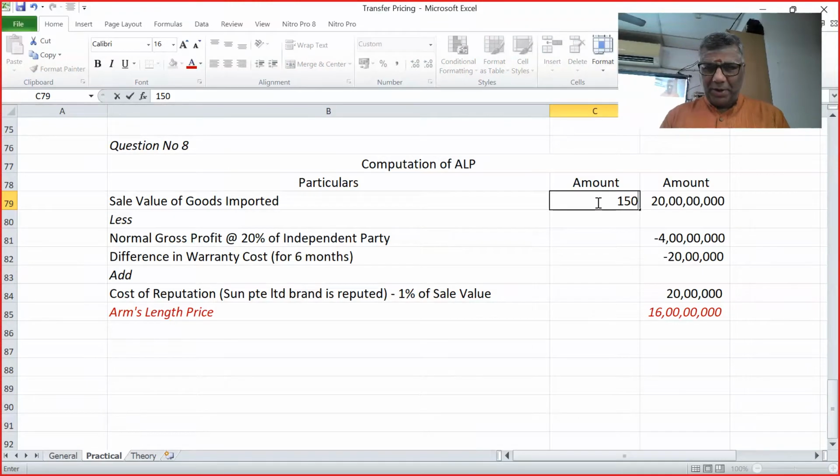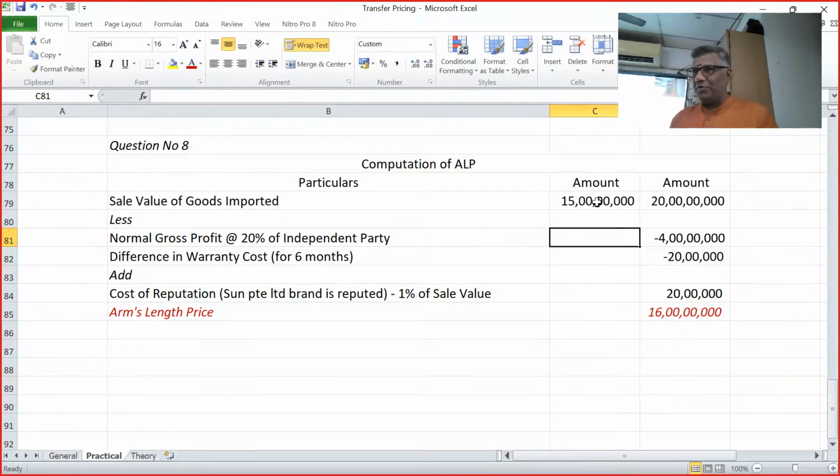Per unit we can, but the number of units you cannot identify. Still, I am trying to find out mathematically whether it is possible.